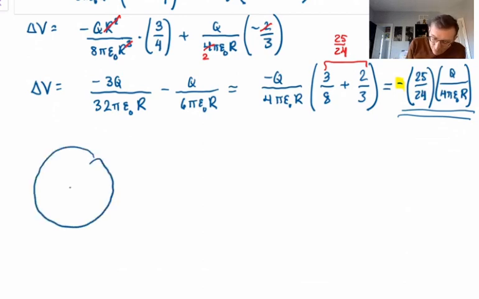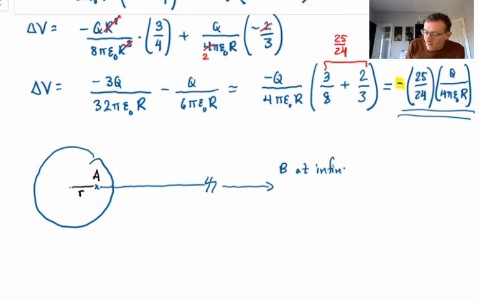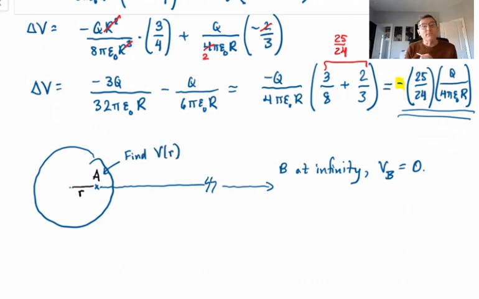I'll pick any arbitrary point, like right there. I happen to pick a point inside, distance little r from the center. Think of that as point A. And then we'll go on out, break in scale, that's what that means, on out to point B at infinity, where by definition we will assign the electric potential value to be 0. And so our task will be to find the electric potential at point A, which we are just going to call V of little r.